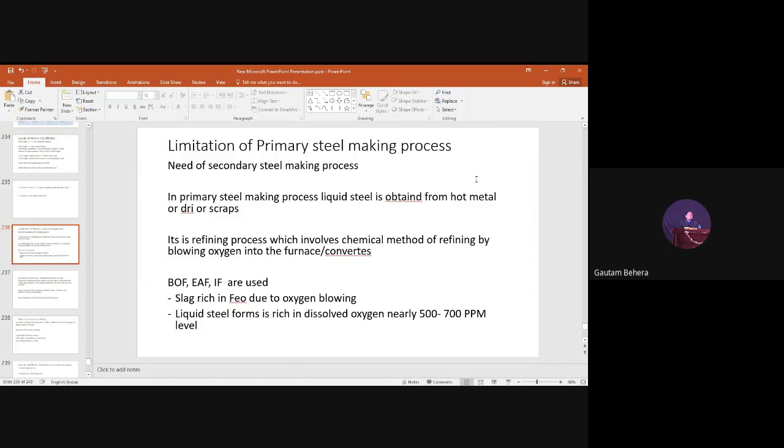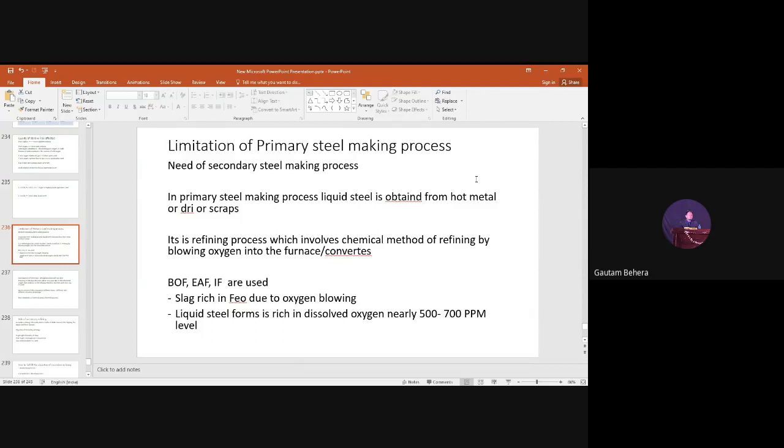Or if we have DRIs or any scrap, we also do melting, right? Because DRI, that is direct reduced iron or sponge iron, is a solid product. And scraps, we cannot discard, because a lot of scrap is generated during or after the steel making process. So the scrap needs to be melted and recycled.